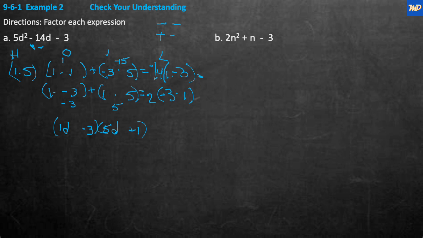So when I bring this one down, this one is a positive 1. So we're going to get negative 15 and plus 1, and then negative 3 times 1 is negative 3. And now it'll work out. So it's 5D squared minus 14D minus 3.